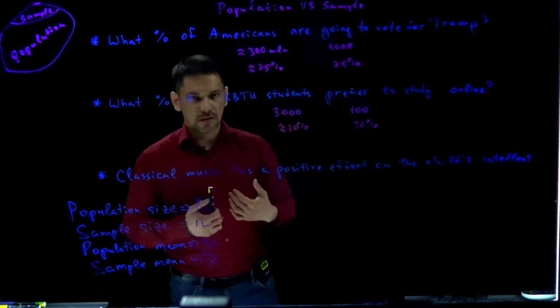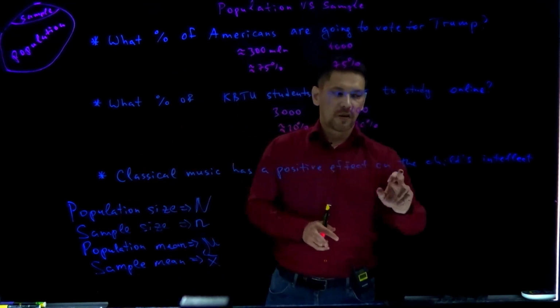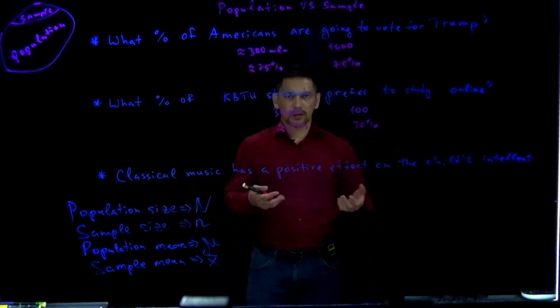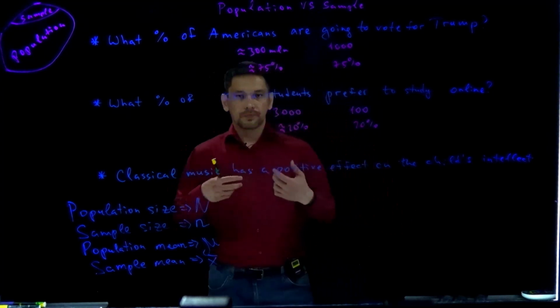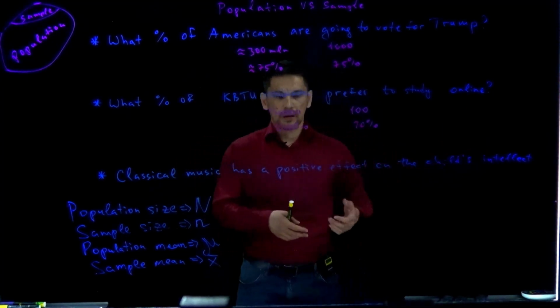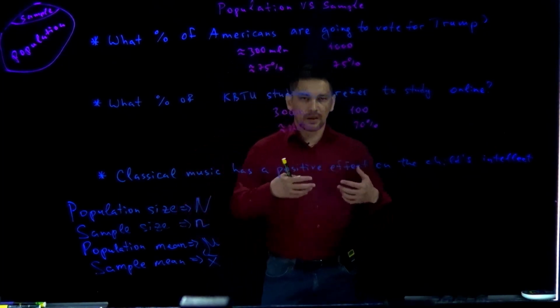Let's say I'm a psychologist, and in my research, I want to prove that classical music has a positive effect on the child's intellect. What I'm trying to prove here is that the more a child listens to classical music, the smarter he becomes. So it means if you listen to classical music, you're going to become more intelligent. Now, in order to prove this theory, I decide to conduct an experiment.